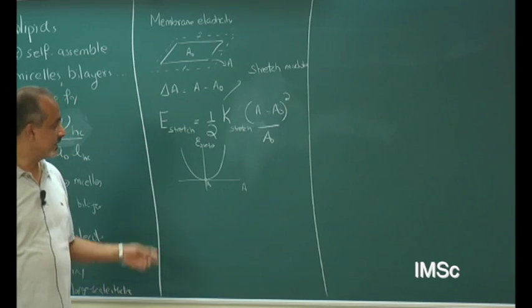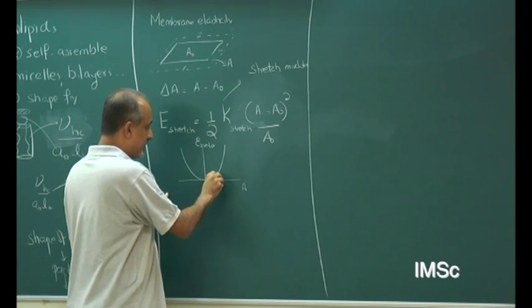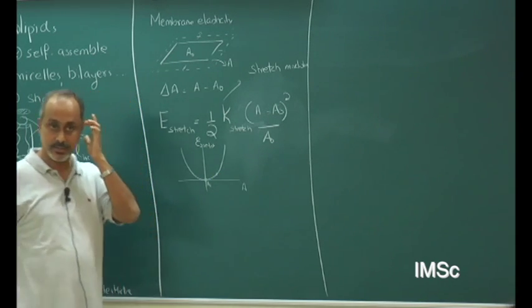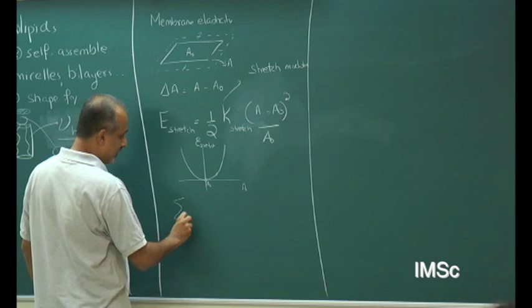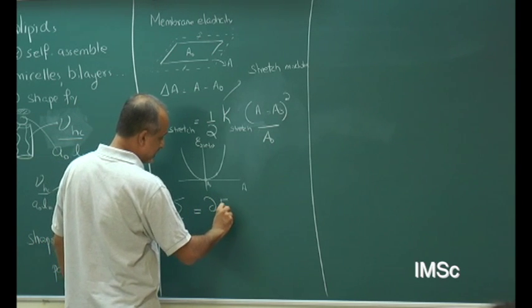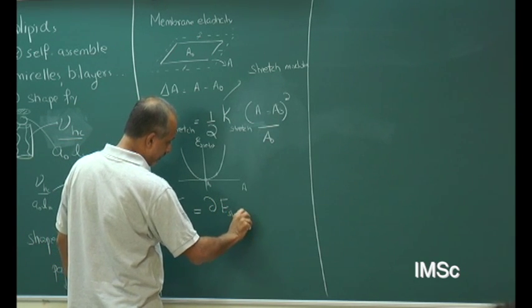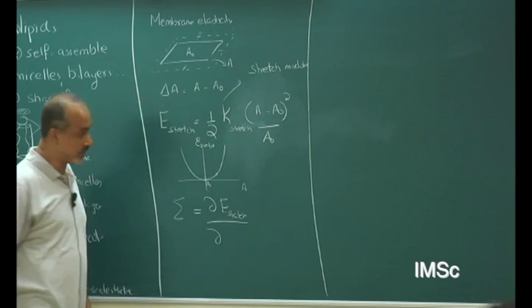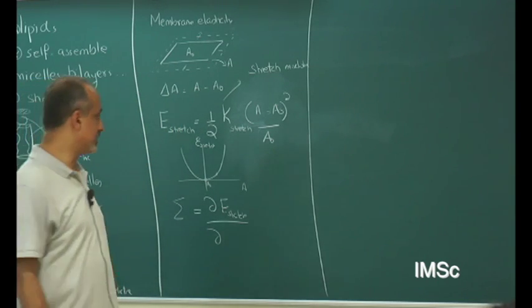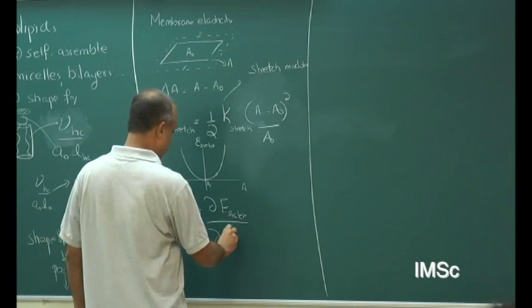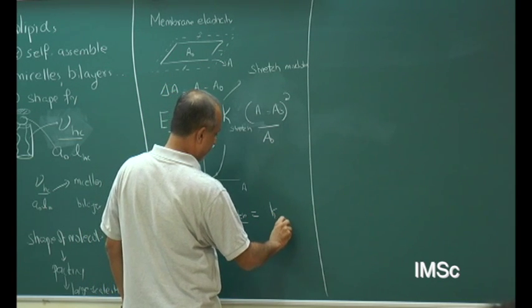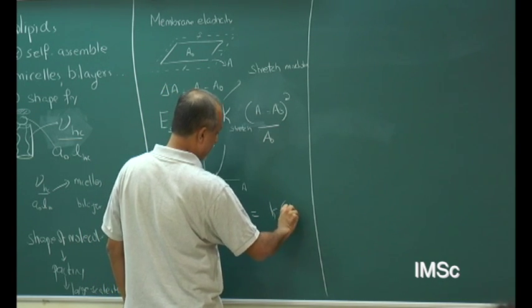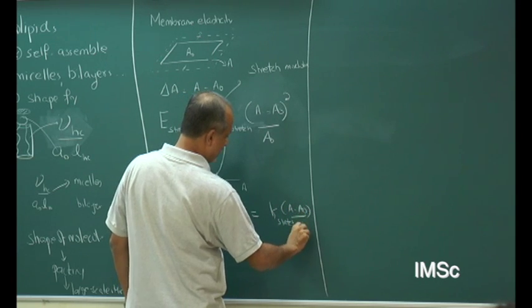From here we can ask, what is the force that I must exert to keep it here and not here? This is now a force per unit area, or lateral stress, and that quantity I could call sigma, which is delta E stretch over delta of A minus A naught, which is the same thing as delta of A. And that quantity is just K stretch into A minus A naught divided by A naught.